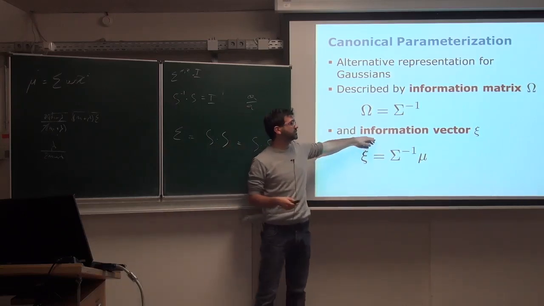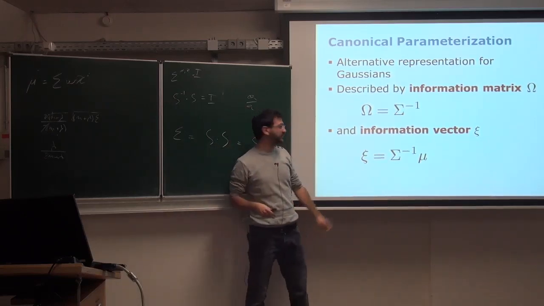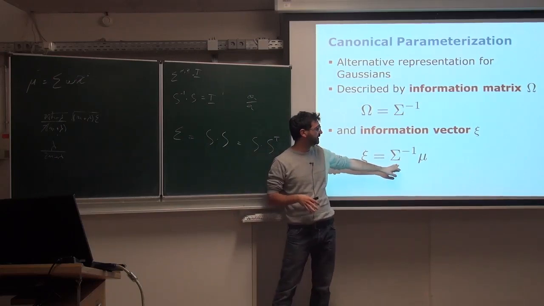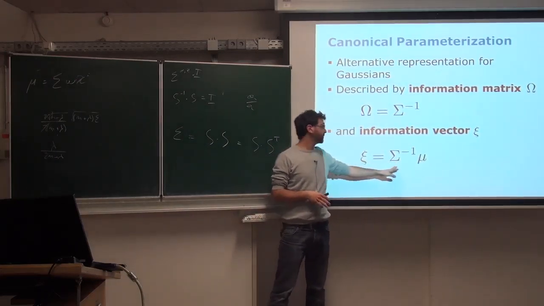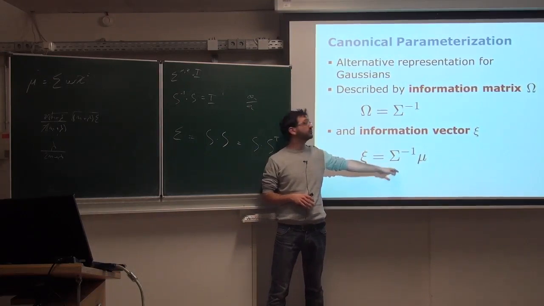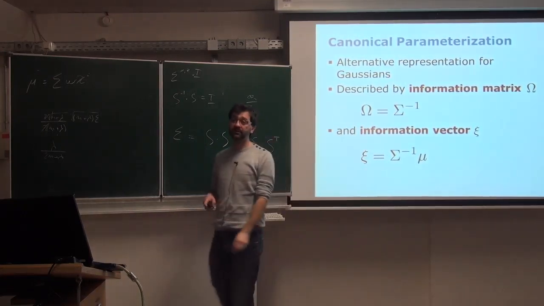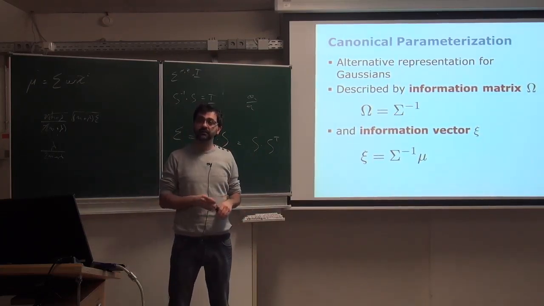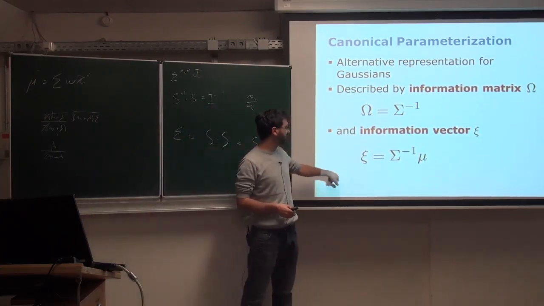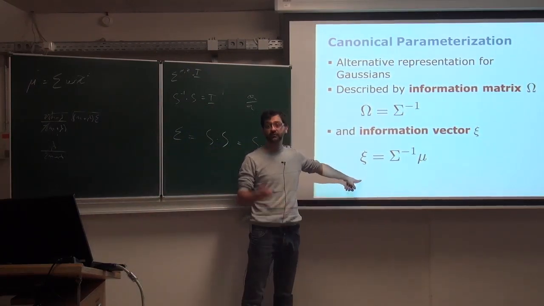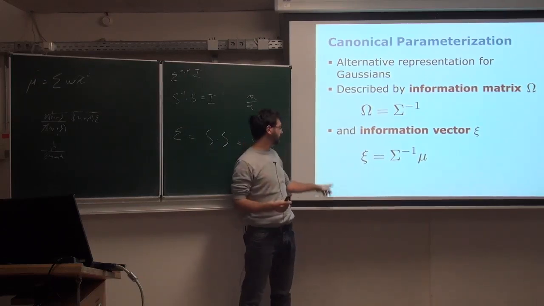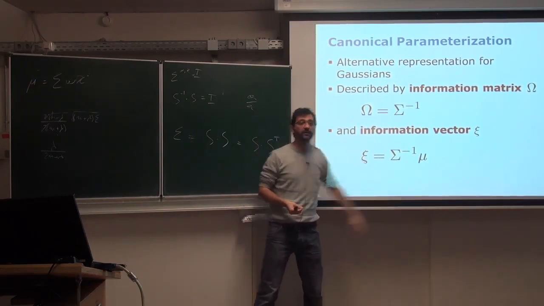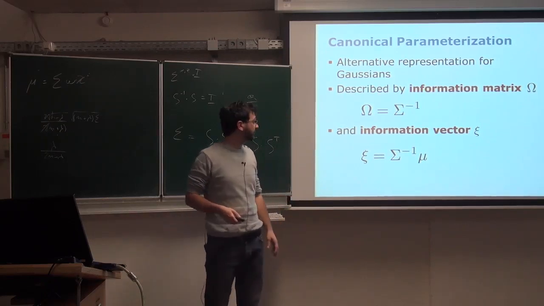And then there is something called the information vector, which might be a bit misleading because per se it doesn't tell you too much, but you can see that it is the mean vector multiplied by the inverse of the covariance matrix, that is, multiplied by the information matrix. Okay? This comes just because you expand the square, and you end up with an x transpose xi term, which is the linear term, and then x transpose omega x, which is the quadratic term, plus some other constant terms outside the square. Okay?